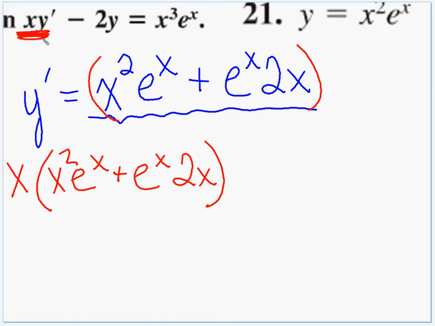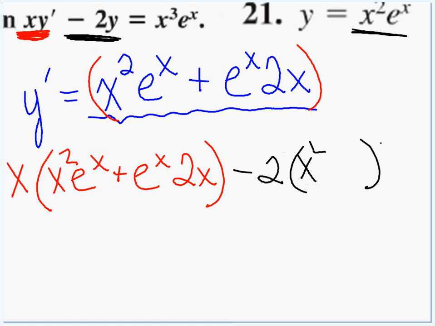So that's this first part, and I'll switch over to black ink here. Now we've got minus 2y. Minus 2 times y. Well, y is x squared e to the x. x squared e to the x. And then we've got our equal signs. We want to see if that matches up with, let me block this off in green, we want to see if that's the same as this stuff here.